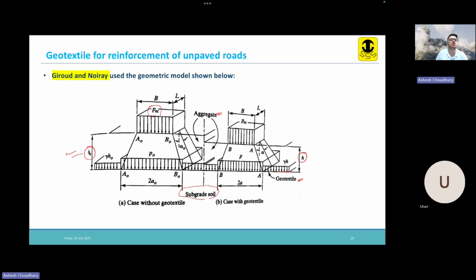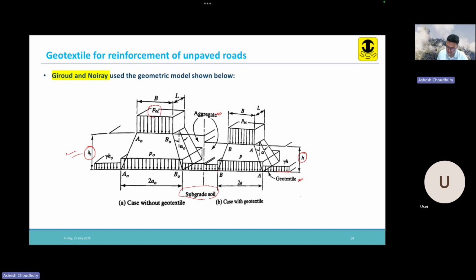Due to the use of geotextile reinforcement, how much reduction in aggregate layer thickness is happening, that you have to calculate. If we use less aggregate, it is more sustainable because we are using less soil material, less geomaterial, right? So we want to find out how much reduction is actually happening if we place geotextile.